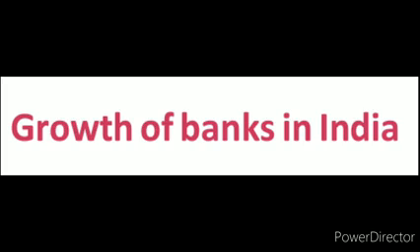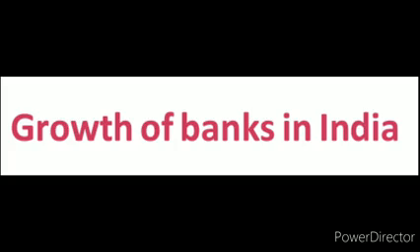For getting the details of the banks, we should go through the historical growth of the banks in India. And the periods can be divided into three. The first phase from 1770 to 1969. Second phase starts from 1969 and ends in 1990. And the third phase 1991 onwards.